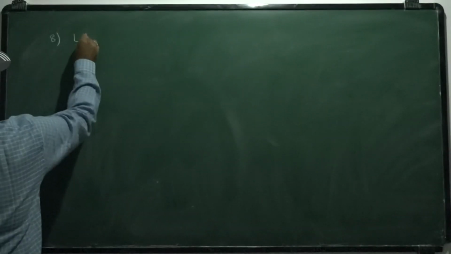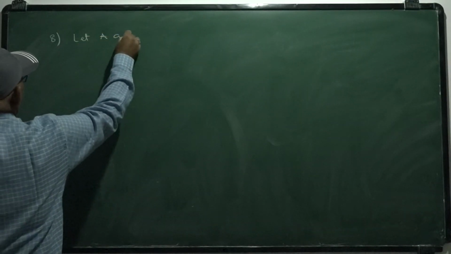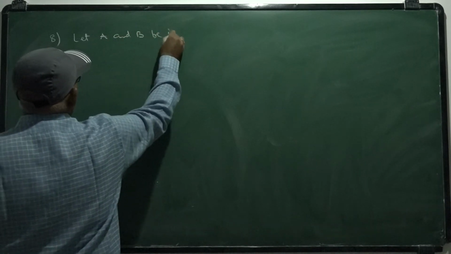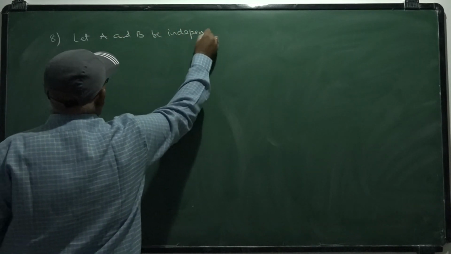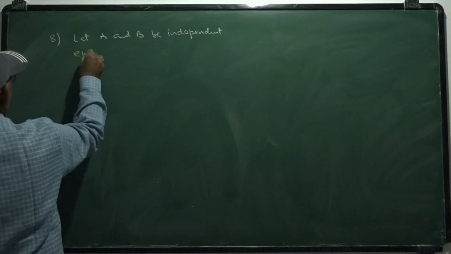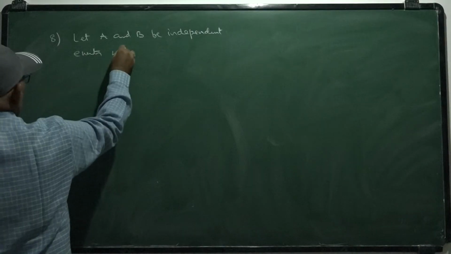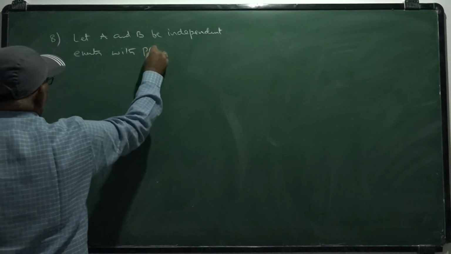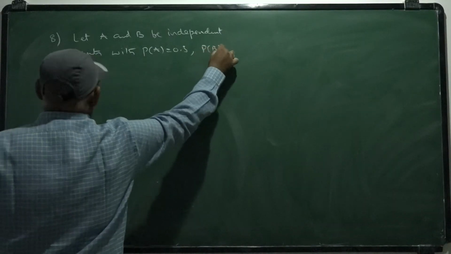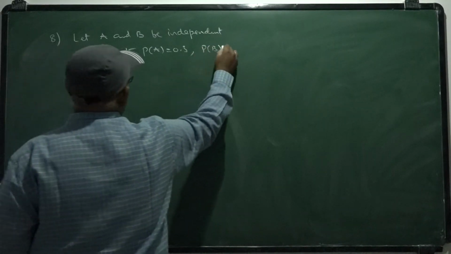Eighth one. Let A and B be independent events with probabilities P(A) is 0.3, P(B) is 0.4.